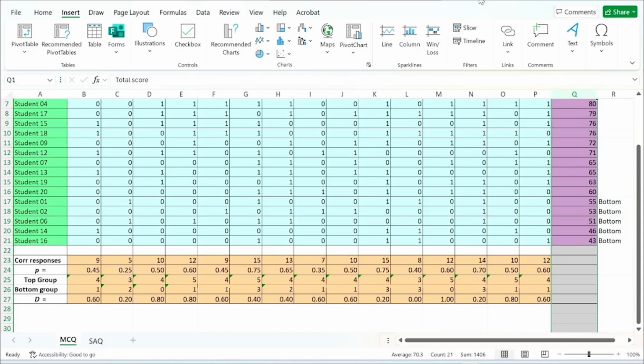So we divide by 5. This is for the MCQ. Okay, got it? Good. You got it? You didn't get it?